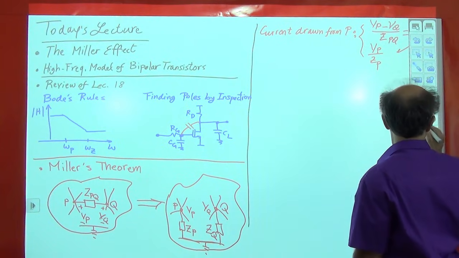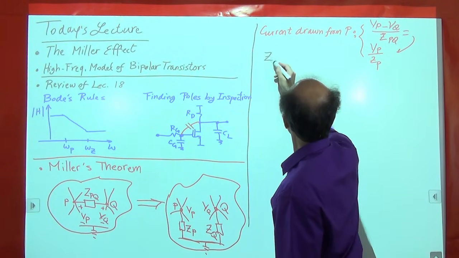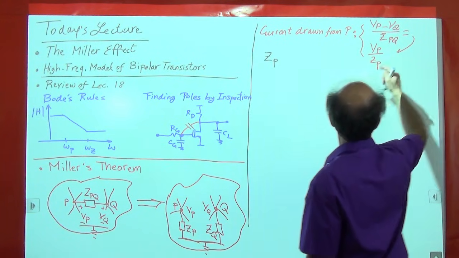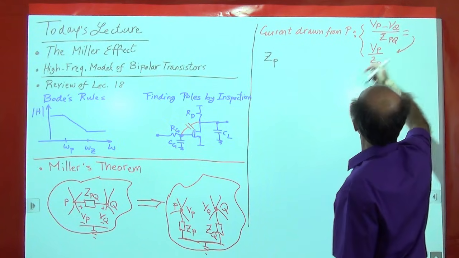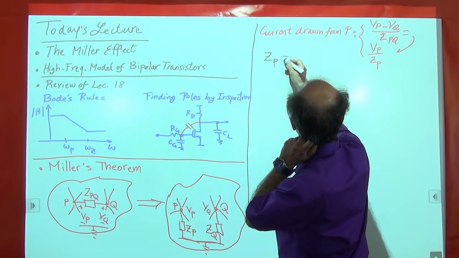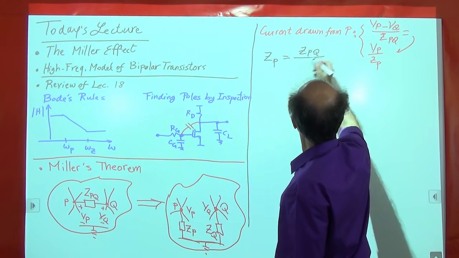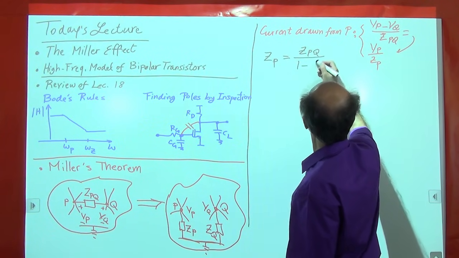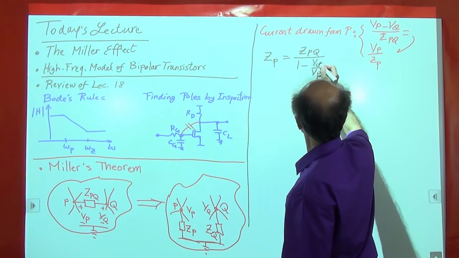So I will go back to black and I will write ZP. You can see that I can bring this to the other side and I divide these. So what I get is ZPQ divided by 1 minus VQ divided by VP.